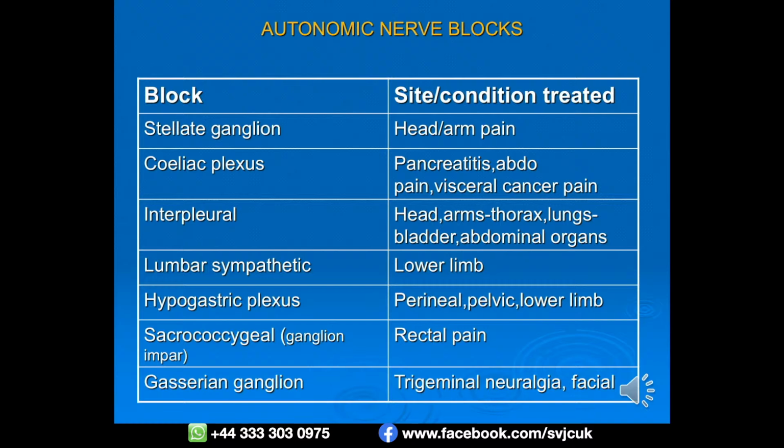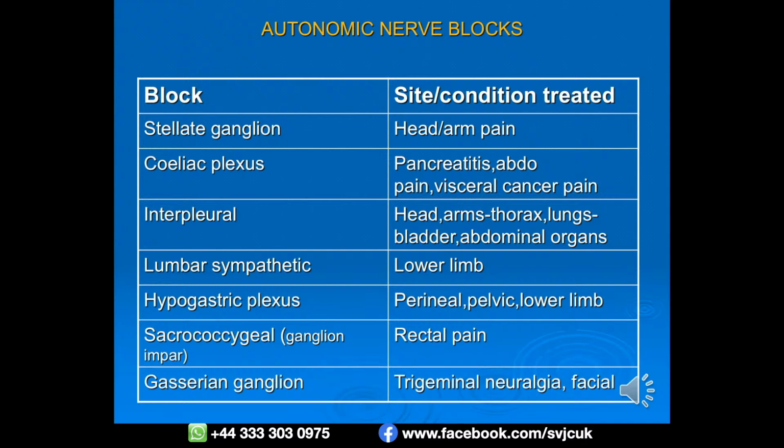So if you look at the number of blocks and which blocks are commonly used, this gives the list. The stellate ganglion block is used for head and arm pain, celiac plexus for pancreatitis pain and cancer, abdominal pain, and visceral cancer pain. Interpleural block can be used for head, arm, thorax, lung, as well as bladder and abdominal organ pain.